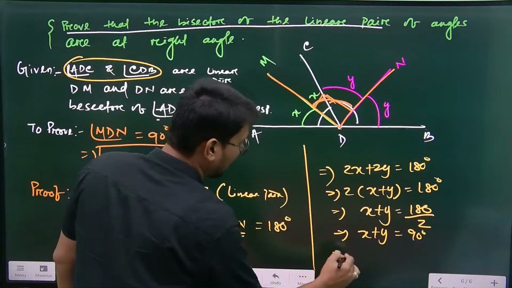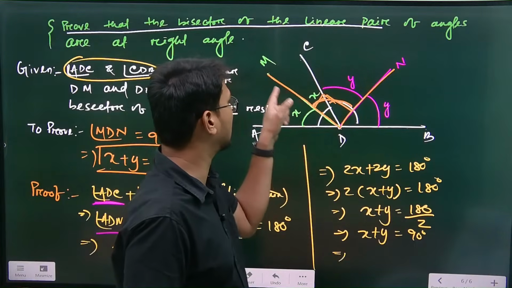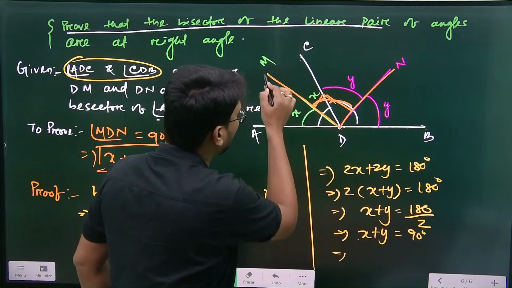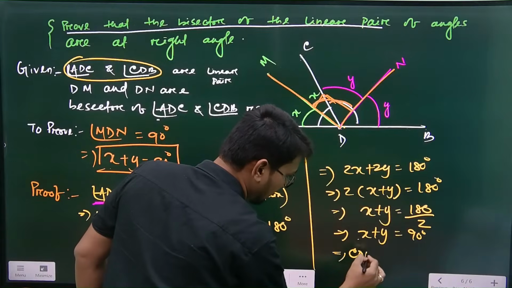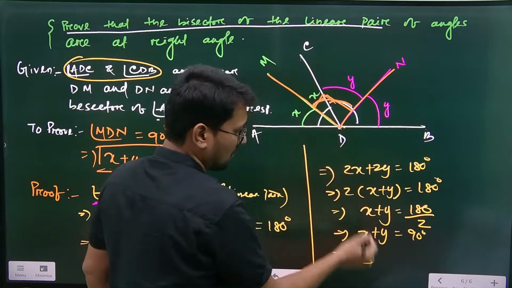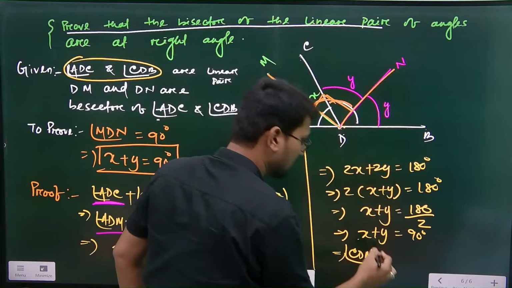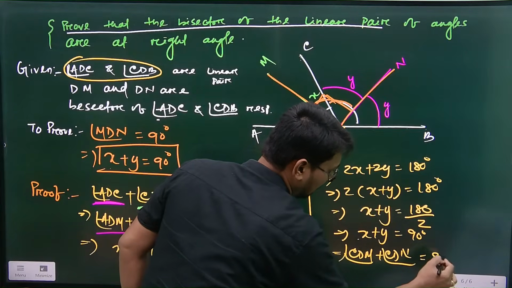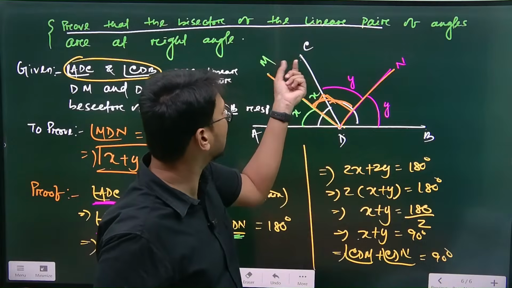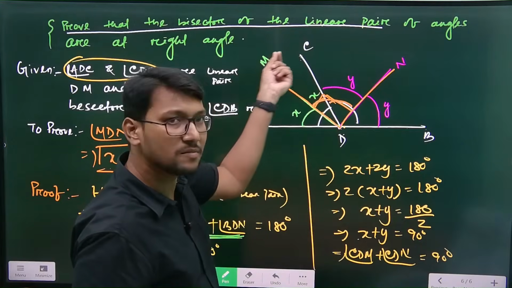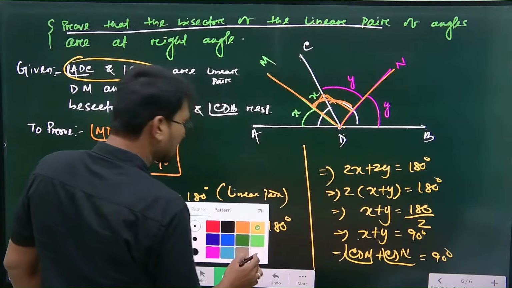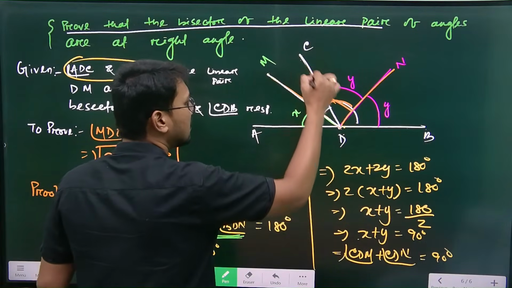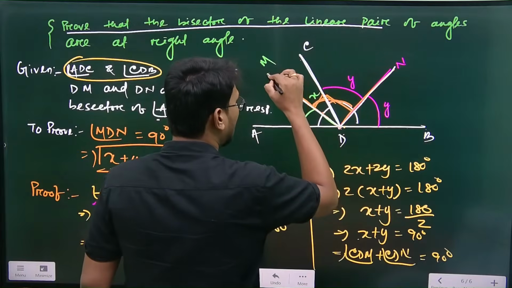Understood? Now what is the value of x plus y? Check. In place of x I can write angle CDM. X is CDM. Y is CDN, so CDM plus CDN equals 90. But children, CDM plus CDN means which angle?